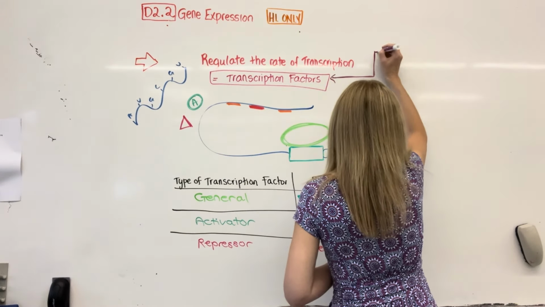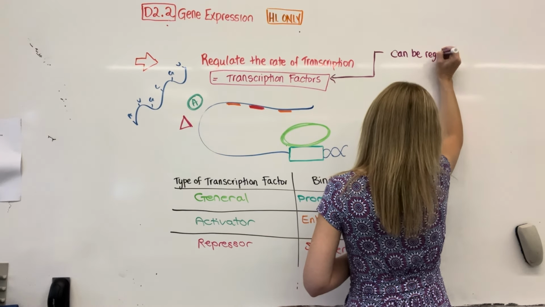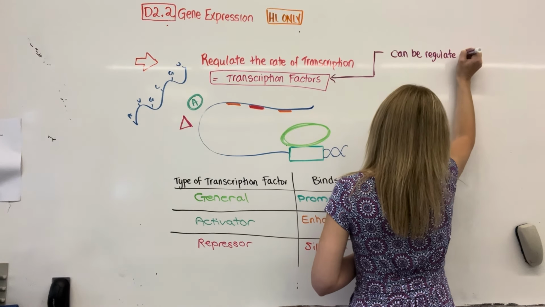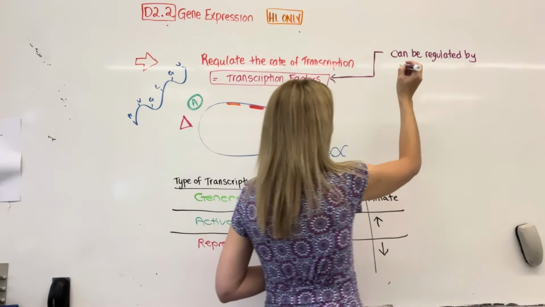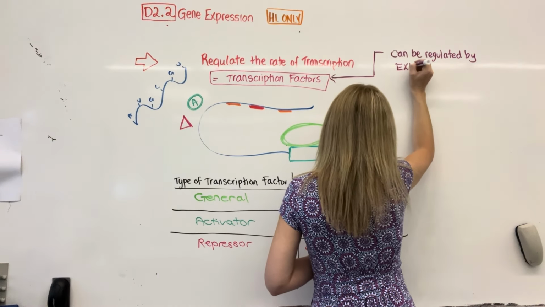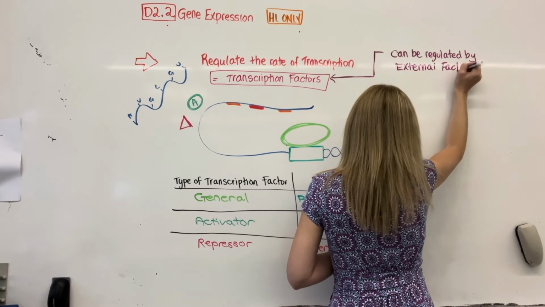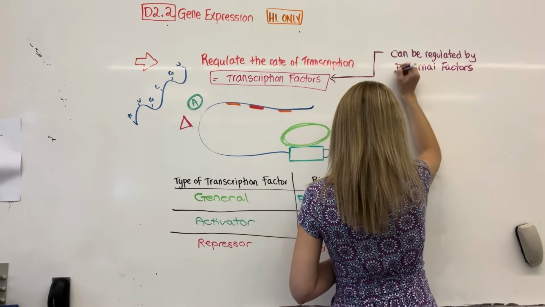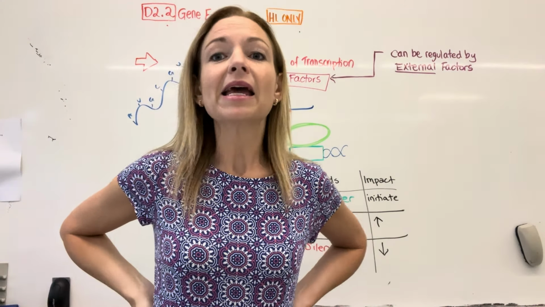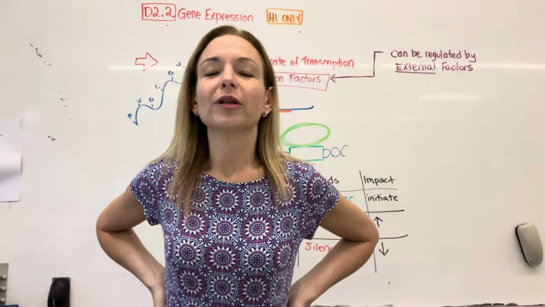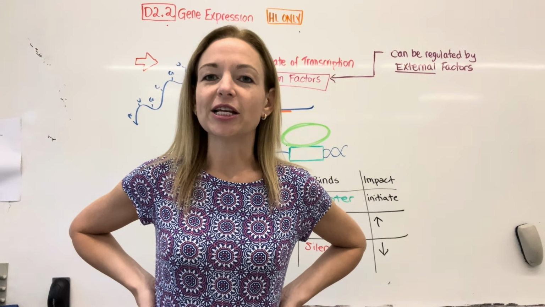Transcription factors can be regulated by the environment or by factors outside the cell itself. So essentially something going on in the environment, some sort of experience, can trigger the release of a certain transcription factor that impacts the rate of transcription.